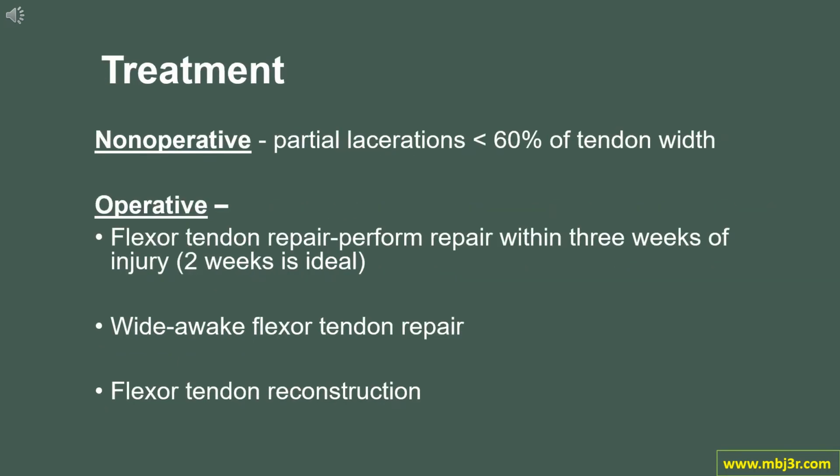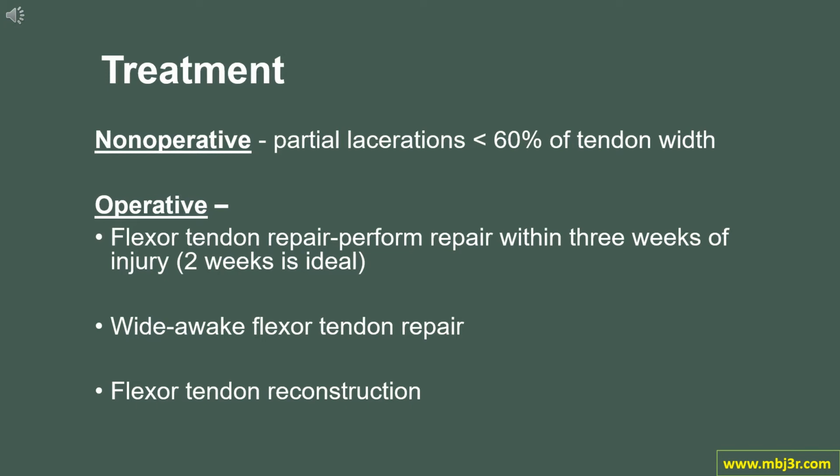Coming to the treatment. Non-operative treatment is rarely indicated in flexor tendon injuries. If there is a partial laceration, with less than 60% of the tendon width damaged, you can treat it non-operatively. Otherwise, operative treatment is indicated.